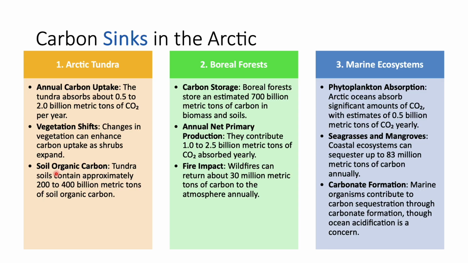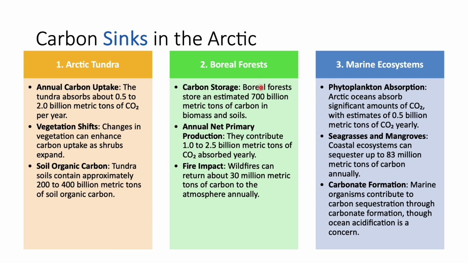So from lichens and other things, we are seeing some small plants getting into the Arctic region. When there is an increase of plants, they consume more carbon dioxide. Then, soil organic carbon: the tundra soil contains around 200 to 400 billion metric tons of soil organic carbon that can be used by the microorganisms that are present.